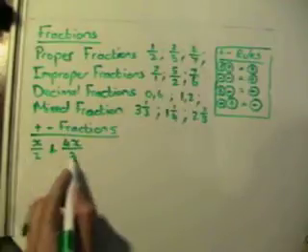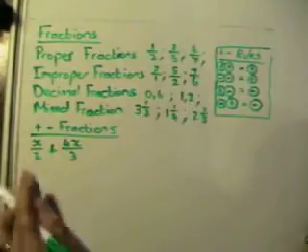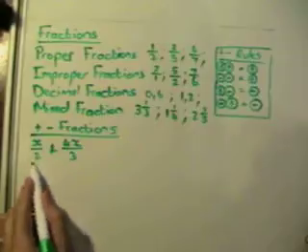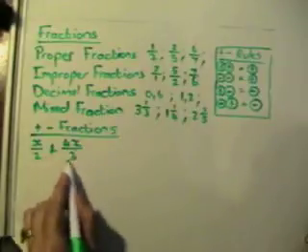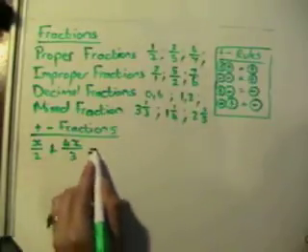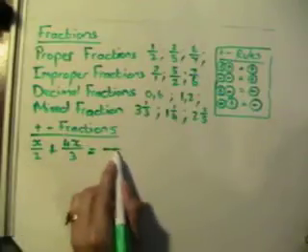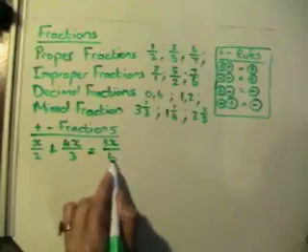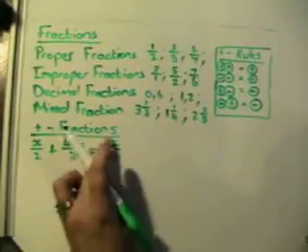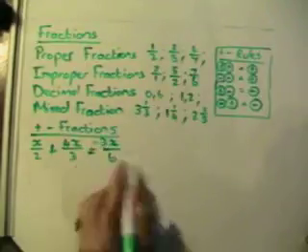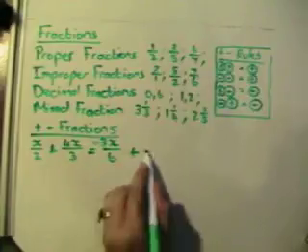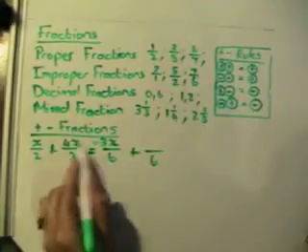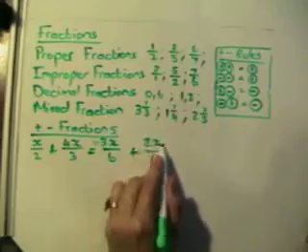I first want to make the denominator the same. So I'm going to multiply this by 3 and this by 2, and whatever I do at the bottom I must also do at the top. So if I multiply by 3 at the bottom, I'm multiplying by 3 at the top. And for this one, if I multiply by 2 at the bottom, I multiply by 2 at the top also.